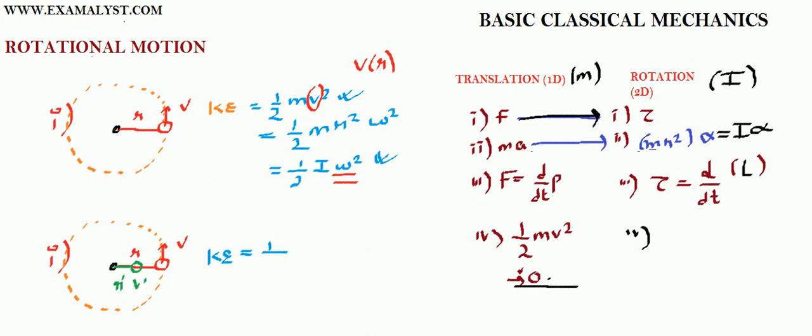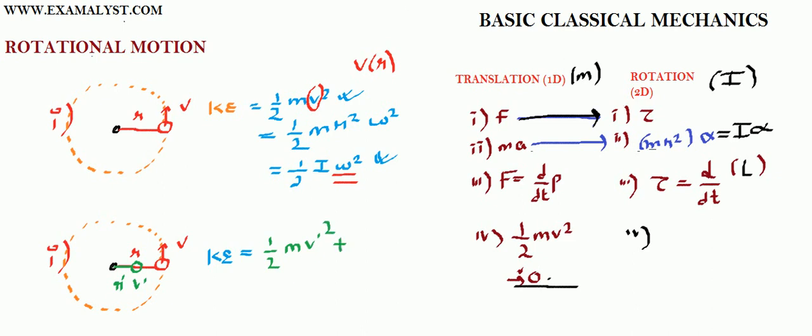So the kinetic energy of the first ball is half m, where m is the mass of the second green ball. Let me write in their colors, that would be better. So the green ball will have energy how much? Half, since the mass is the same, m, but what is the velocity? V dash square.